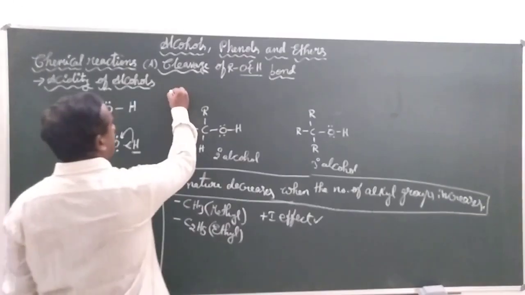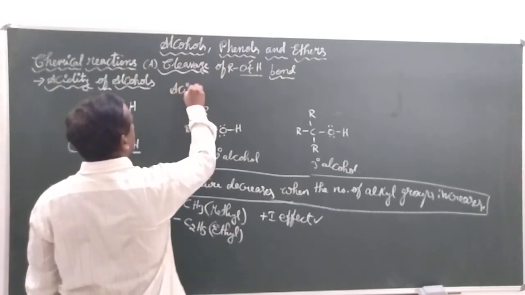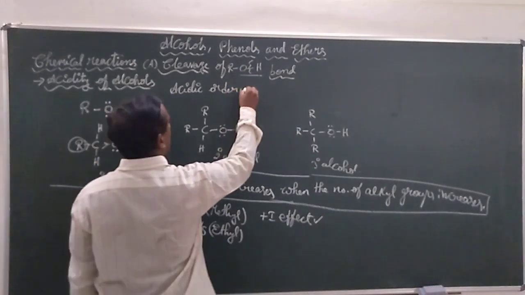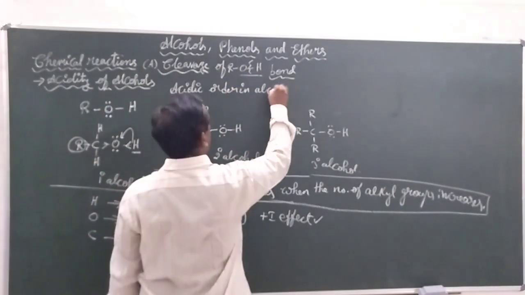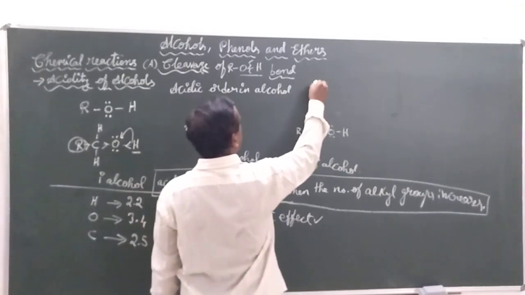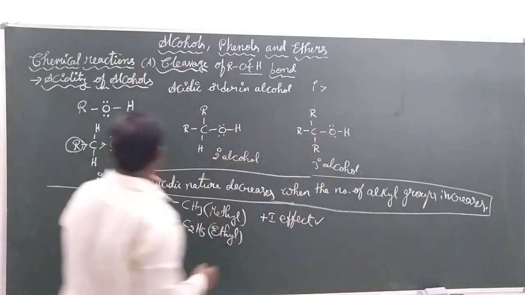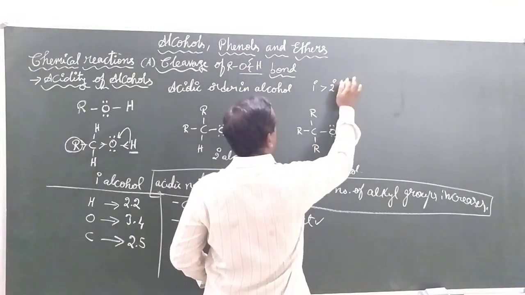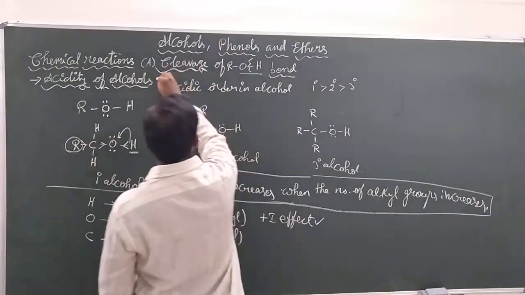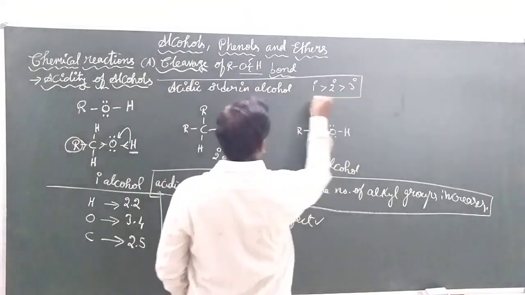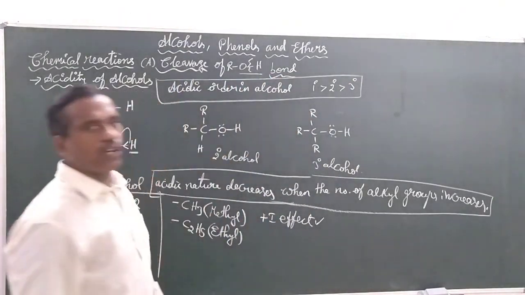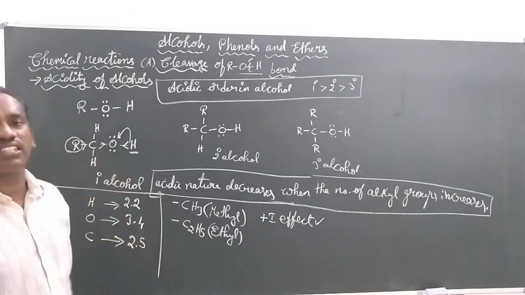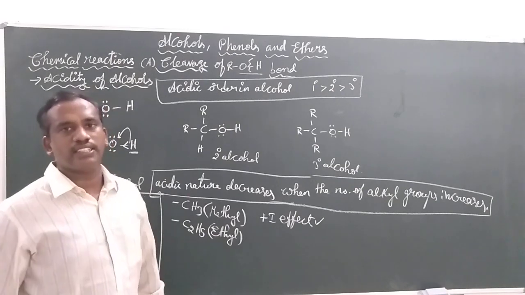So when we write the acidic order in alcohols, primary alcohols are more acidic than secondary, which are more acidic than tertiary. This is because as the number of alkyl groups increases, the plus I effect increases.